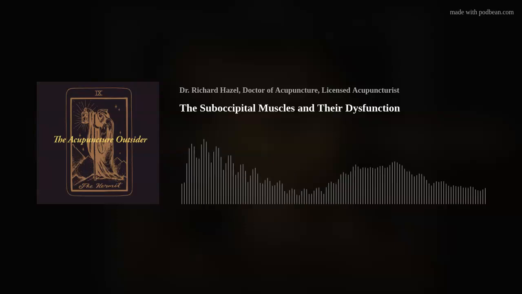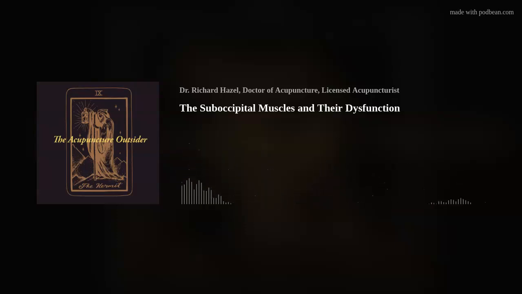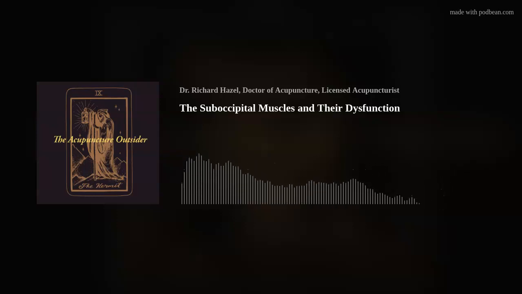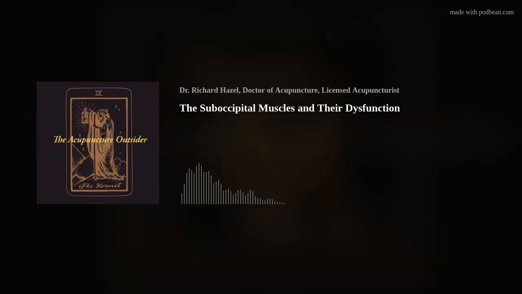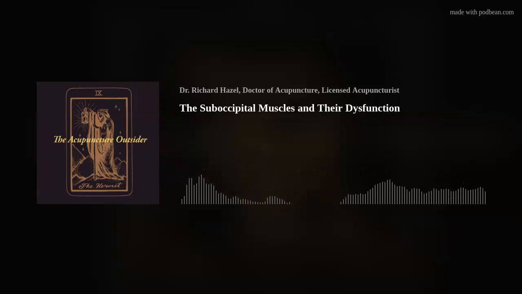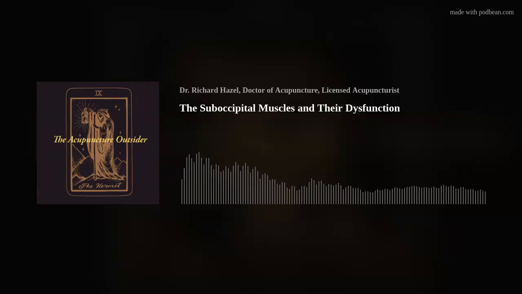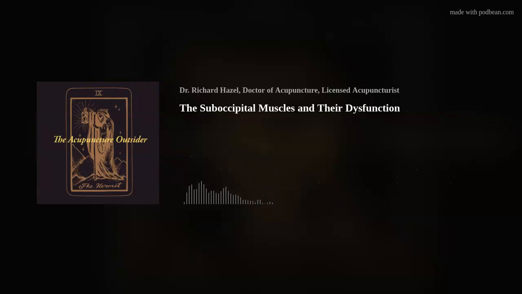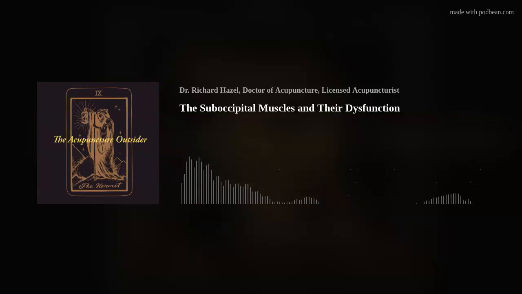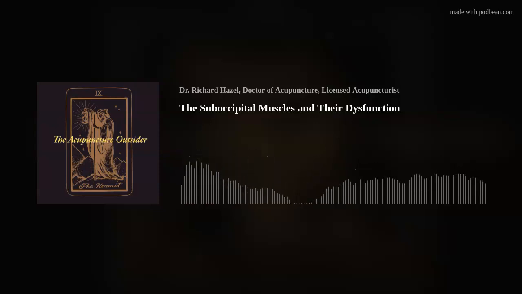Well, do you remember that when we talk about the greater occipital nerve that innervates the back of the skull, like the back of the scalp? It's a sensory nerve that gets entrapped by the trapezius and can trigger migraine headaches. That greater occipital nerve, when it comes out of the semispinalis capitis and before it goes up, will go slightly around the bottom edge and up on the obliquus capitis inferior.